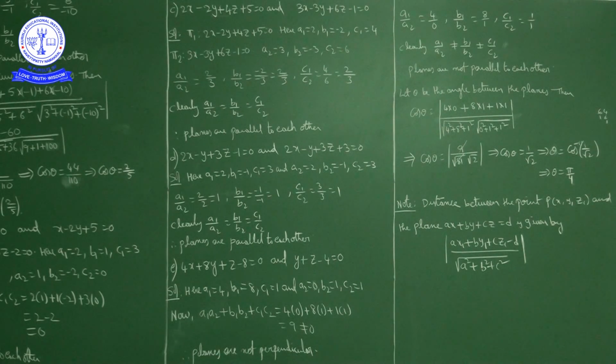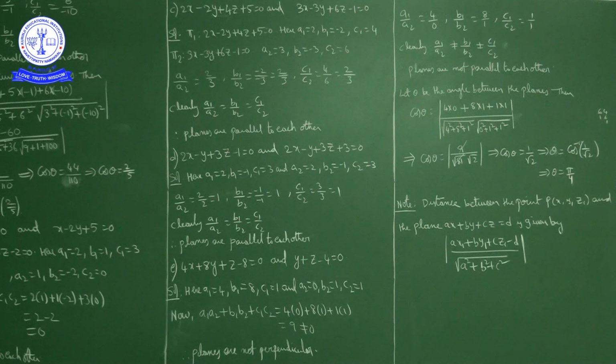How will we write it? First plane equation: 2x minus y plus 3z minus 1 equal to 0. So here a1 is 2, b1 is minus 1, c1 is 3. Now in this plane equation, 2x minus y plus 3z plus 3 equal to 0, a2 is 2, b2 is minus 1, c2 is 3.